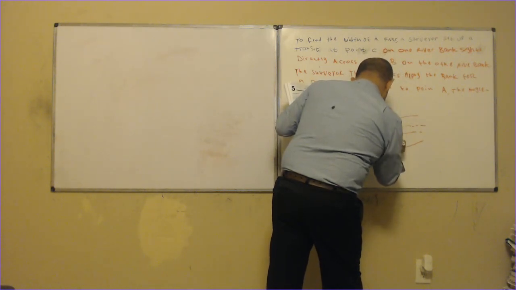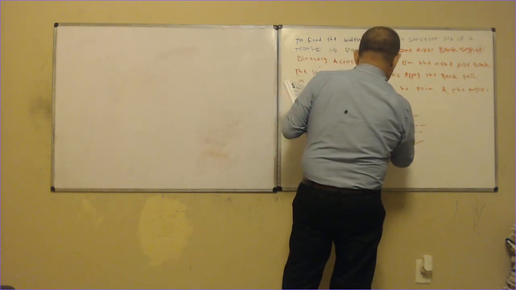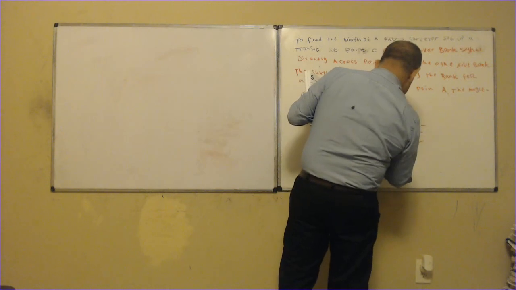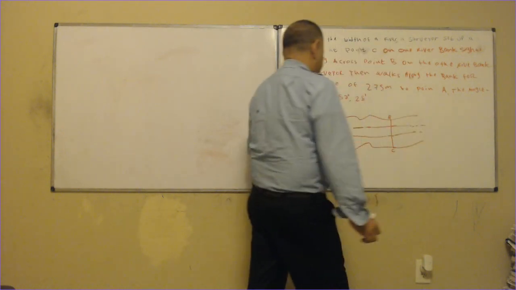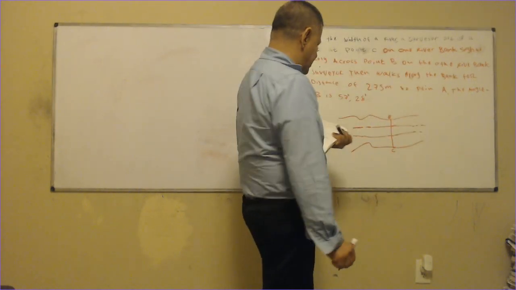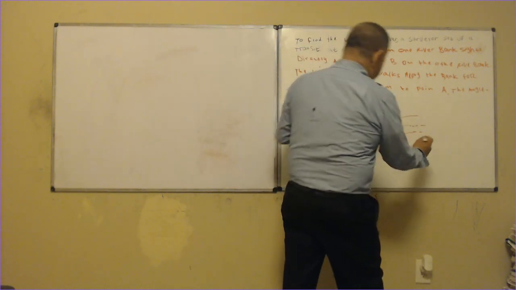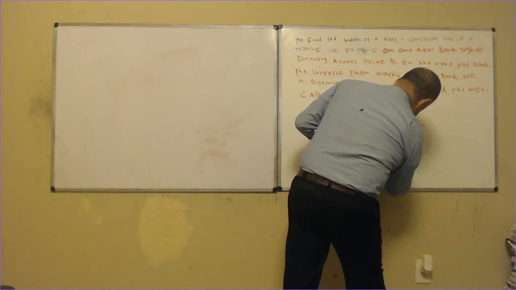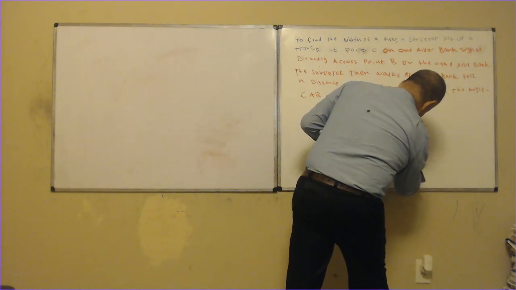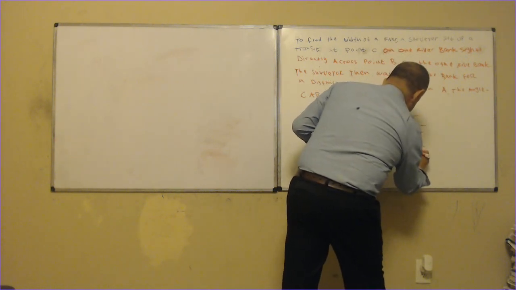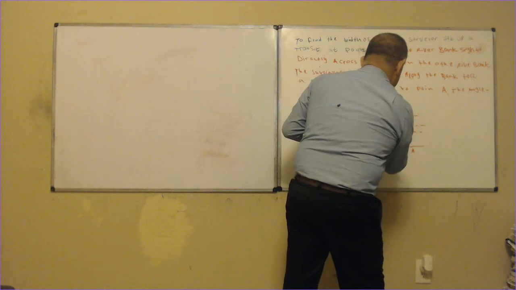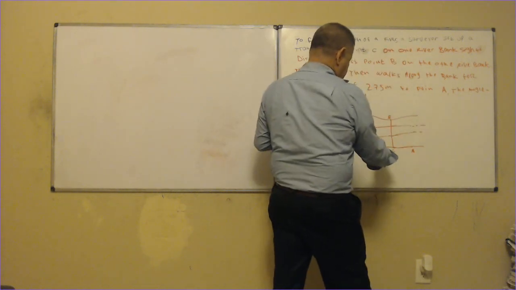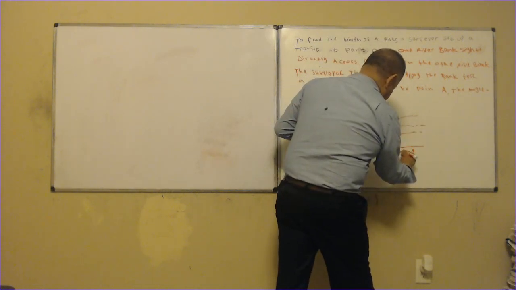We drop a line straight. This is B, this is C, and then we have a point A. This is A, and this distance is given to us.